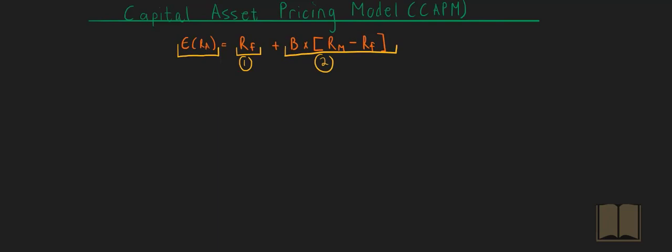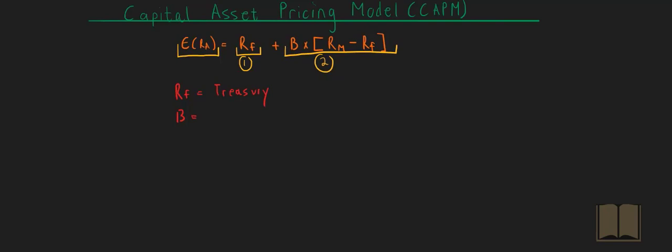So where do we find each of these variables? For the risk-free rate of return, you can use a treasury bill. So some sort of short-term financial instrument that is almost guaranteed because it's from the government and it's short-term in nature. For risk, you use a variable called beta.